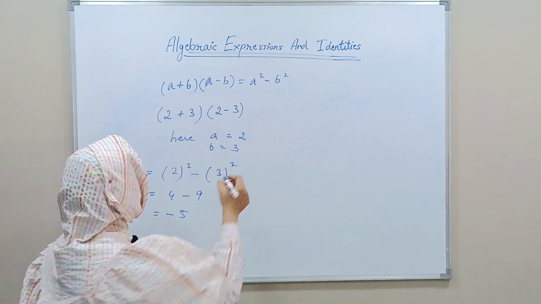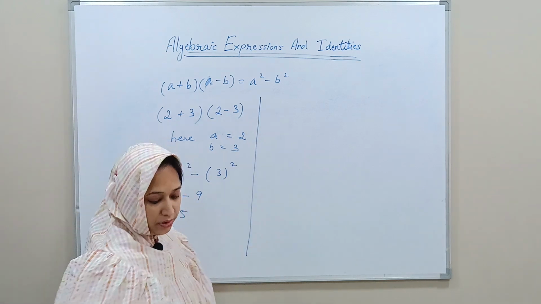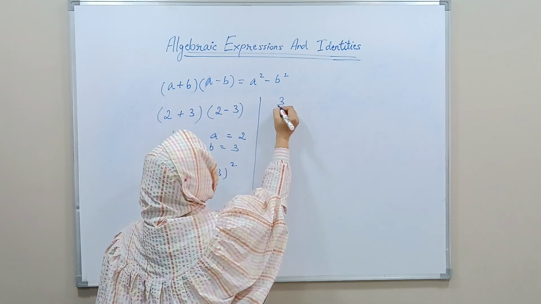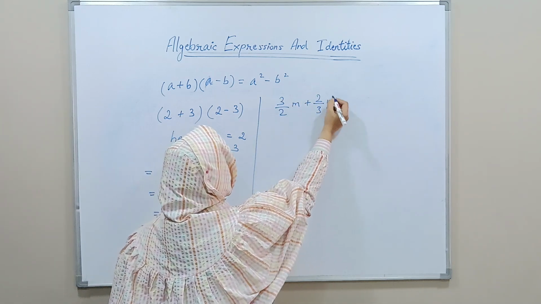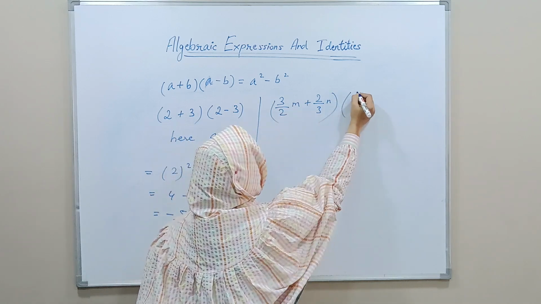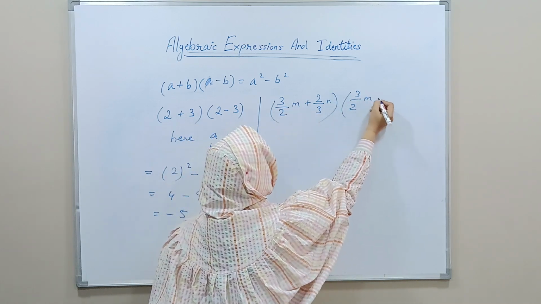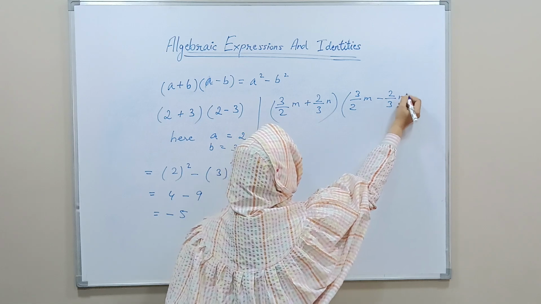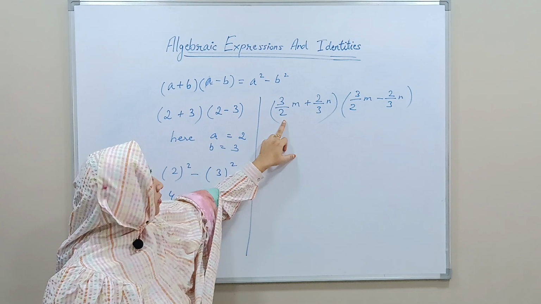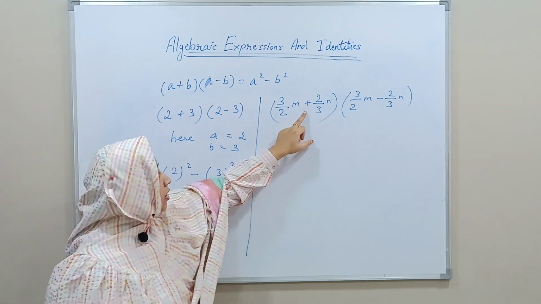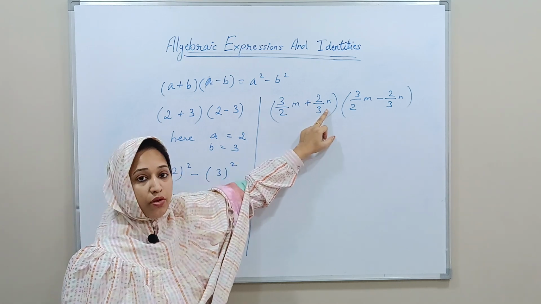Let us take one more example. Suppose we have (3 upon 2m plus 2 upon 3n) into (3 upon 2m minus 2 upon 3n). Okay, so comparing this, 3 upon 2m is your a, and 2 upon 3n is your b.